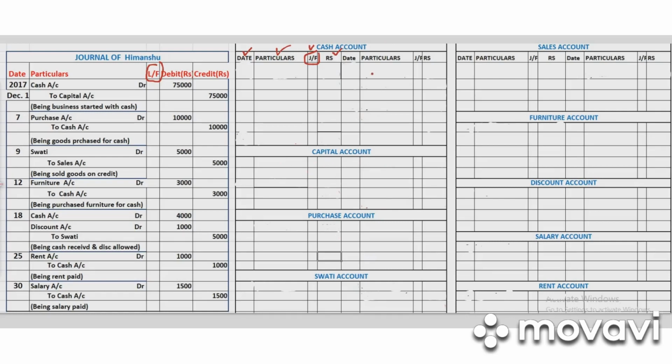But remember one thing, for all the accounts this detail will be written. Here I have written it only for this cash account on the top. This is the first account on this side, and for the sales account also you can see these details here. But remember these details will come for all the accounts. Now how will this posting be done? Okay, now listen very carefully.